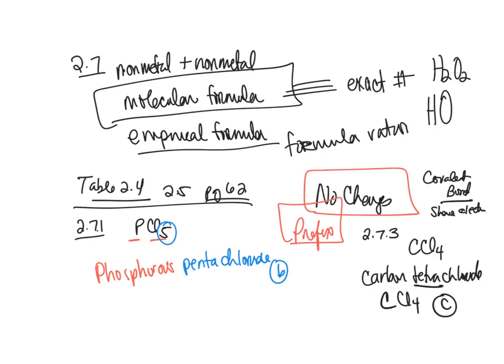Compounds in review: there's a good flow chart in 2.8 for figuring out whether you have to do ionic naming or polyatomic ion naming.